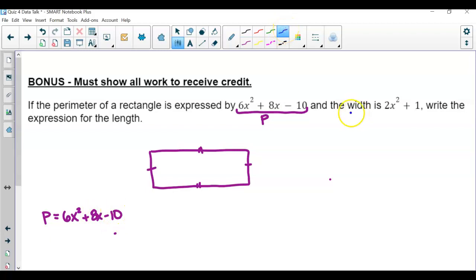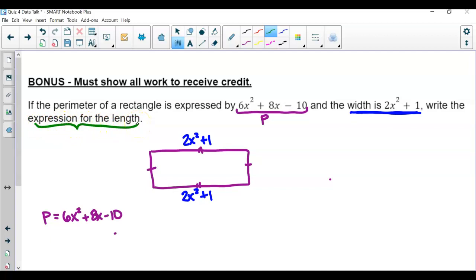You are given the width is 2x squared plus 1. That means if the width here is 2x squared plus 1, then here the other side is also 2x squared plus 1. But you had to look for the expression that represents the length.